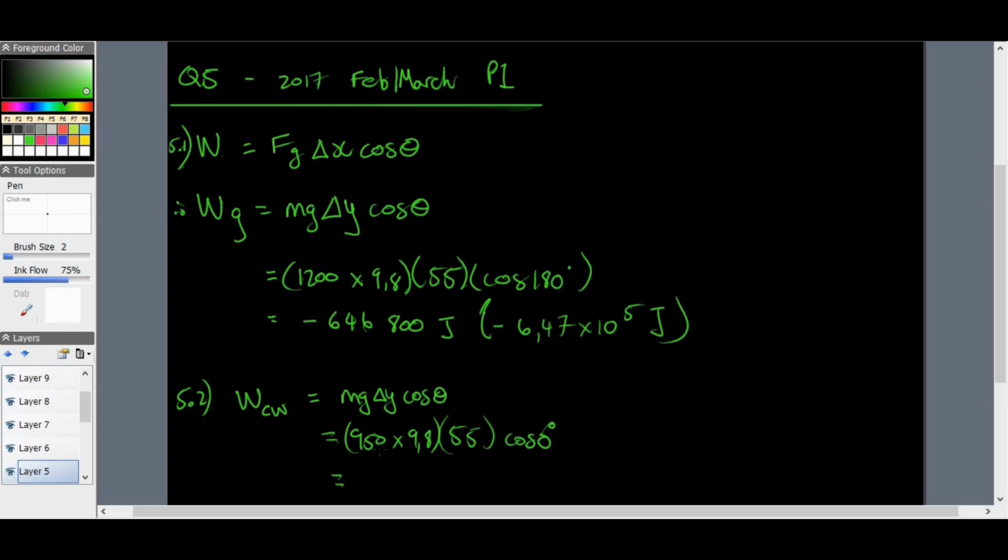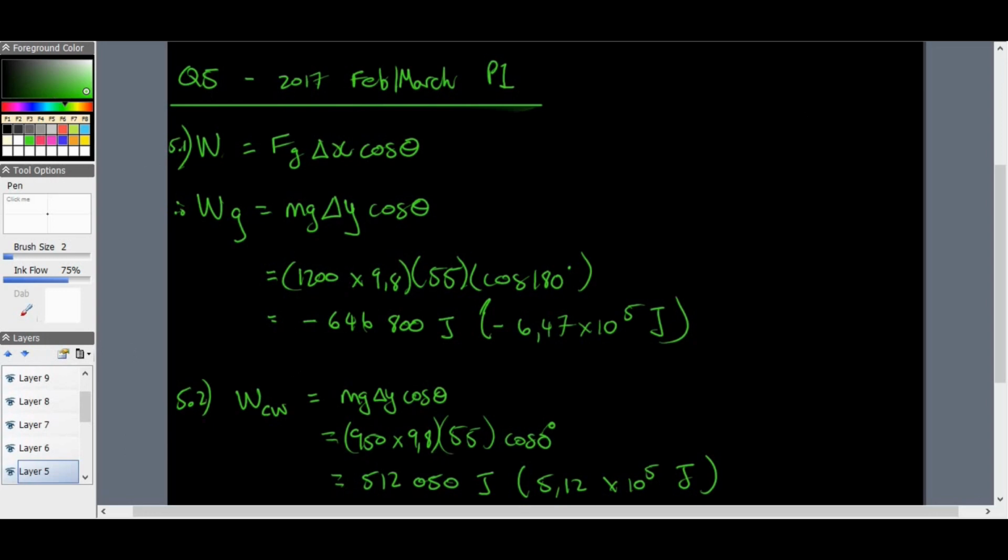Cos 0 is 1 anyway, so that gives me an answer of 512,050 joules, which in scientific notation is 5.12 times 10 to the power of 5 joules as well. Okay, so I just want to check we got that one right.